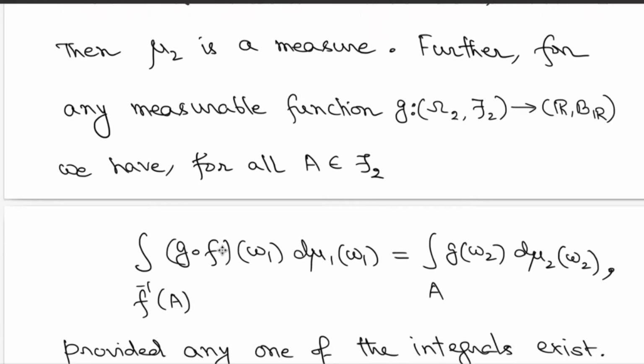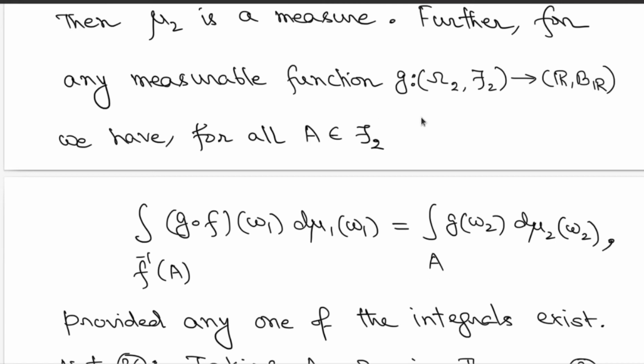Further, we want to claim that for any measurable function g defined on the range side, taking values in the real line, we have this integral relation. You are changing measures from mu1 to mu2, where you are considering the integrations over mu2 for sets coming from the range side, and when you are considering integration with respect to mu1, you are of course considering sets on the domain side.